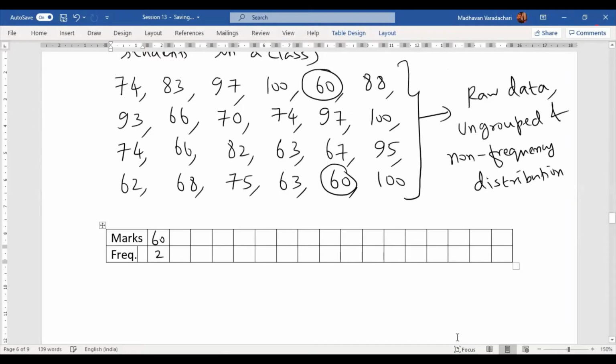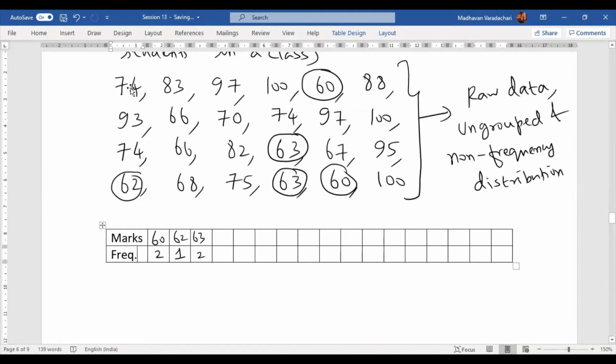Now, what is the next least? Next least is 62. It's occurring only once. So 62, I can put frequency as 1. Then the next, 63, it's occurring here and here. So I'll say 63, 2 times.